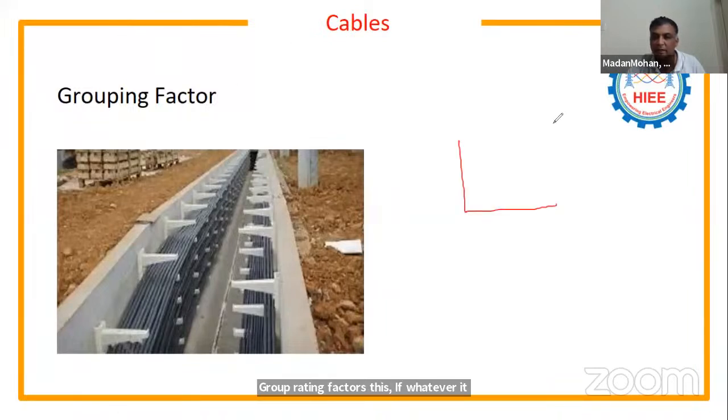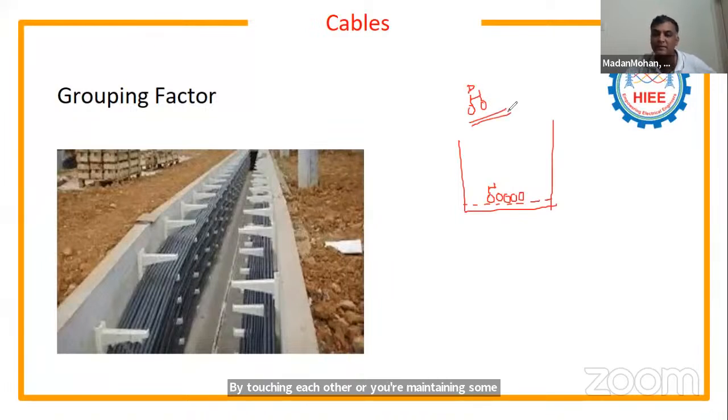Group rating factor means, for example, if you are laying the cables below the ground, generally we have the cable bedding and all. So how are we laying the cables below the ground? Here you can see, you are laying the cables touching each other, or you are maintaining some distance between the cables.